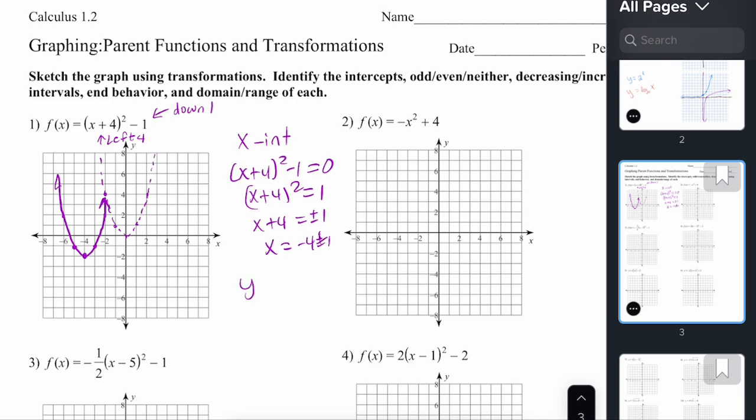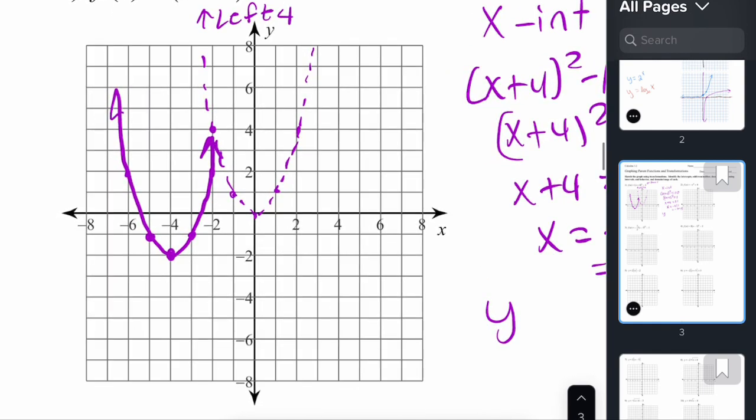The y-intercept, I'm sorry, that writing was very sloppy. So that's -4 plus or minus 1. So that's going to be what? -3 or -5. And if I would have drawn it somewhat accurately, I should have gone a little bit steeper.